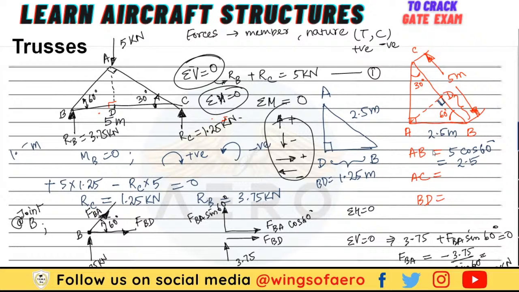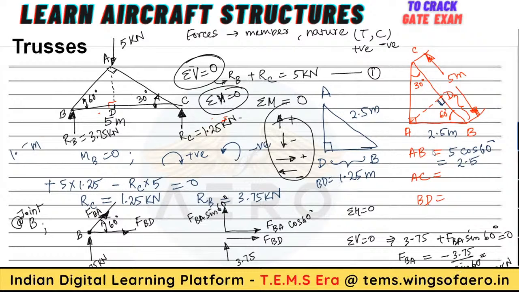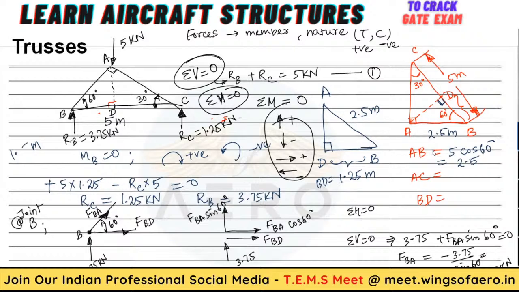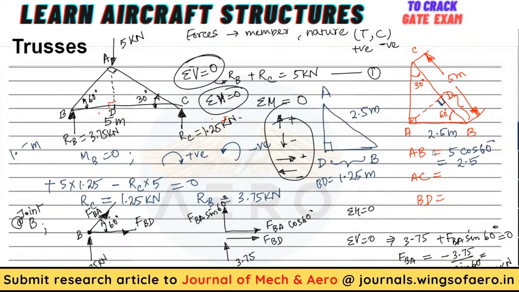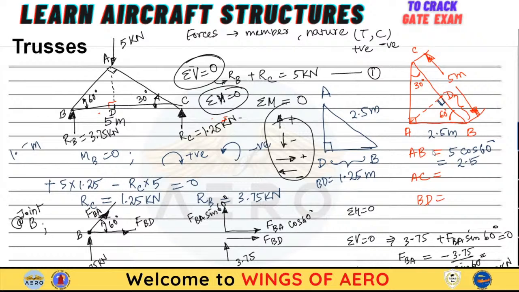Now this kind of question also, they might not ask you the direct question of what is the magnitude of force. They might ask the number of compression members. So you have to find out each and every member and count the number of compression and number of tensile members, and accordingly choose the options. That kind of questions are also asked, right? So this one is compressive in nature, right?